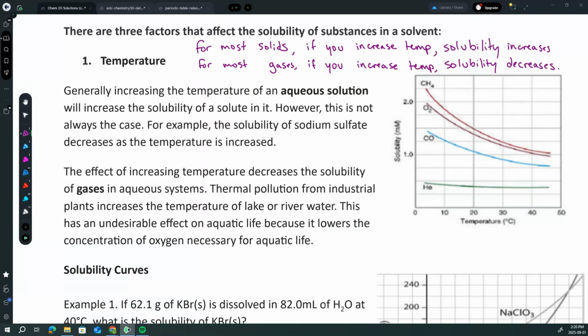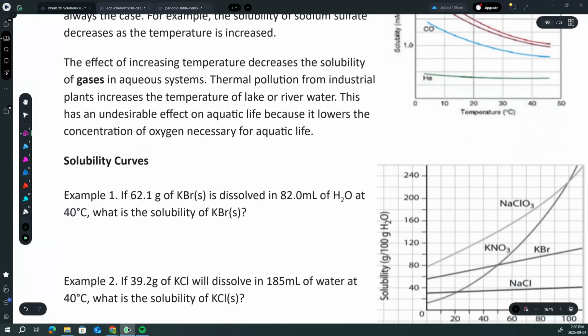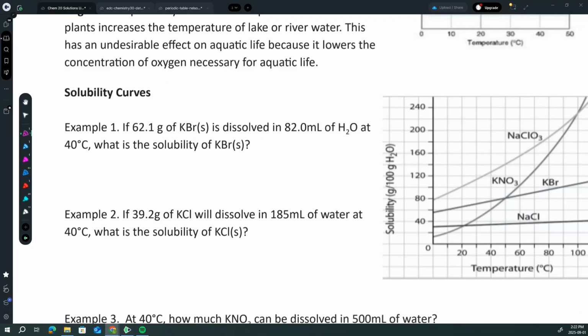That's thermal pollution, because as you increase the temperature of the water, you're going to have less dissolved oxygen in that water, and that's going to affect aquatic life. They're not going to be able to live in that warmer water because there's less oxygen dissolved.